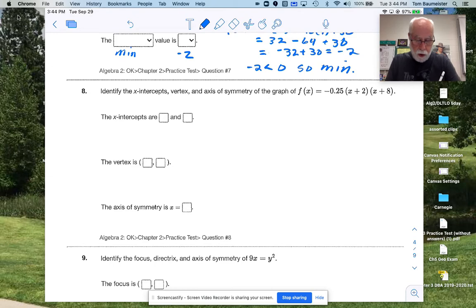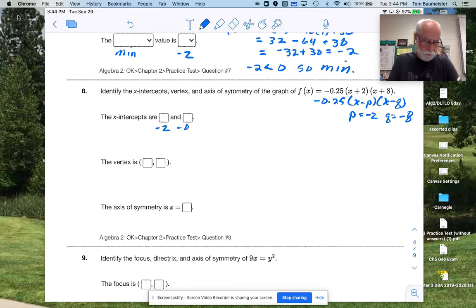We're going to write this as negative 0.25 times x minus p times x minus q. Because a negative times a negative becomes a positive, p has to equal negative 2, and q has to equal negative 8. So our x-intercepts are negative 2 and negative 8.